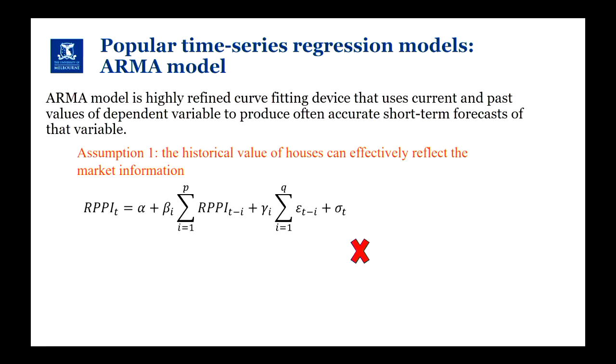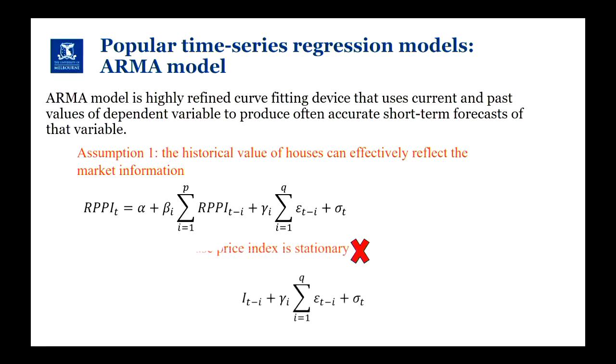There is one hypothesis in economics: how can we know the full information of the market? We assume that if the market is efficient and effective, all the information is reflected by its price. In that way, the best indicator for price is the price in the previous period. So that's one assumption that allows us to use the ARMA model to explain the house price index.